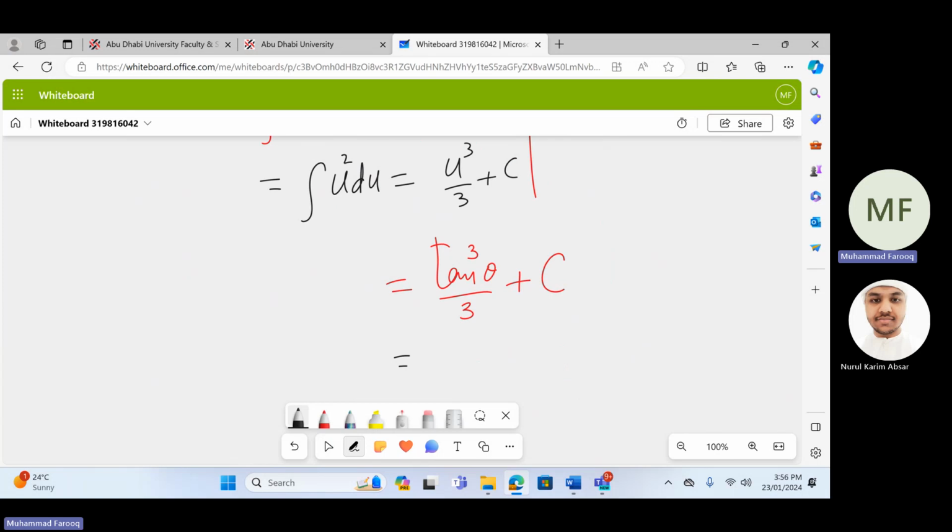So tan theta, so 1 by 3, tan theta is how much? V over square root of 1 minus V square, and power cube. Oh yeah, it has power 3. So complete power 3. Or you can say V power 3 and square root of 1 minus V square has power 3. Like that, I think it's better. You can put it like that.